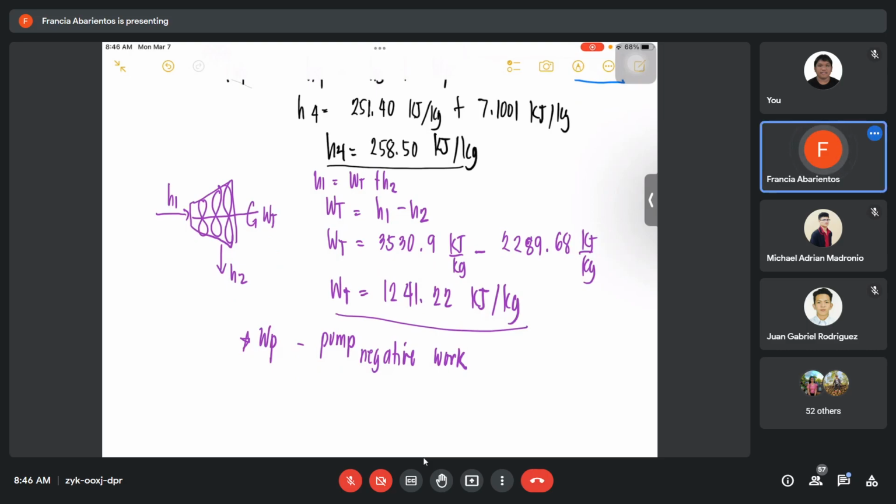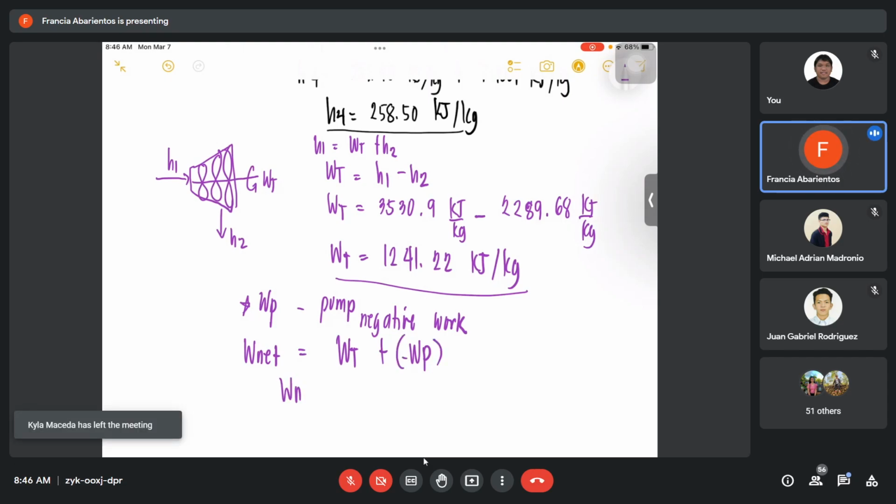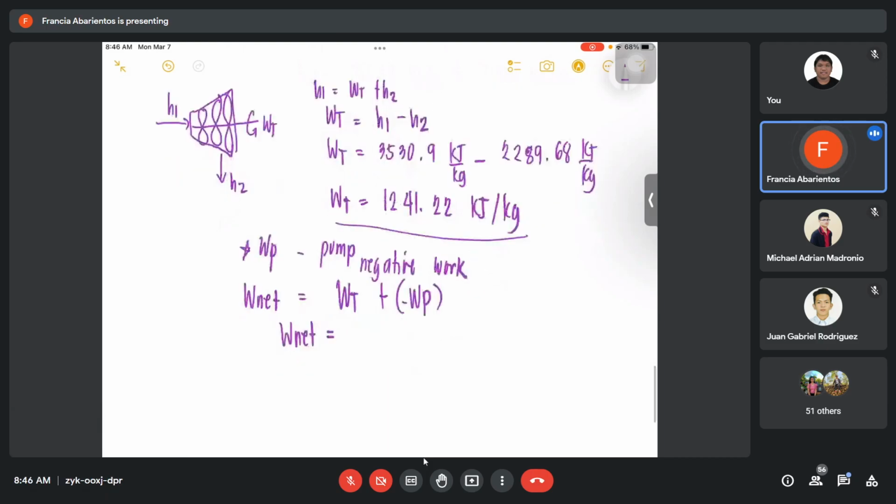Okay, in solving for the work net, or the net work, we have the work of the turbine. Addition siya, class, ng all ng work. But take note, yung pump natin has a negative work, so ito na yung pinapagamit ko sa inyo para hindi kayo malito: work of the turbine minus work of the pump.